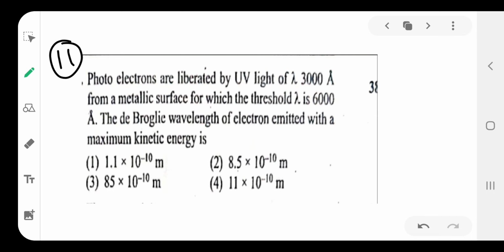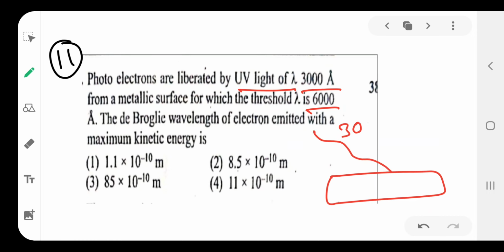The photoelectrons are liberated by UV light of wavelength 3000 angstrom from a metal surface for which the threshold wavelength is 6000 angstrom. Find the de Broglie wavelength of the electron emitted with maximum kinetic energy. So this is the metal surface, and this incident light wavelength is 3000 angstrom units.